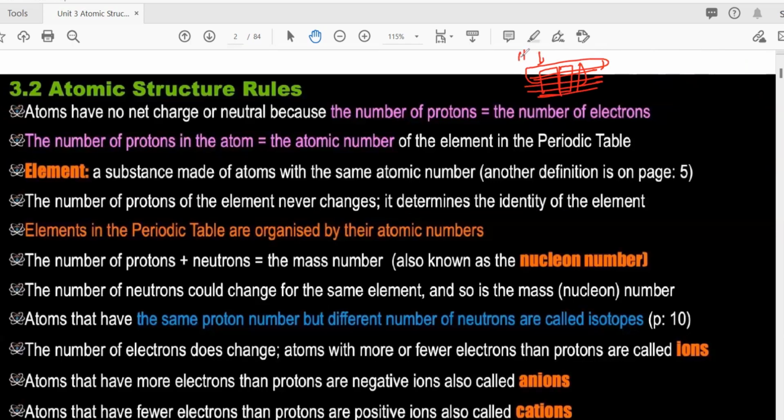For example, here hydrogen 1, then you have helium 2, then you have lithium 3. Okay, then like this 4, 5, 6, 7, 8, 9, 10. So like this in the periodic table, elements are arranged according to their atomic number.